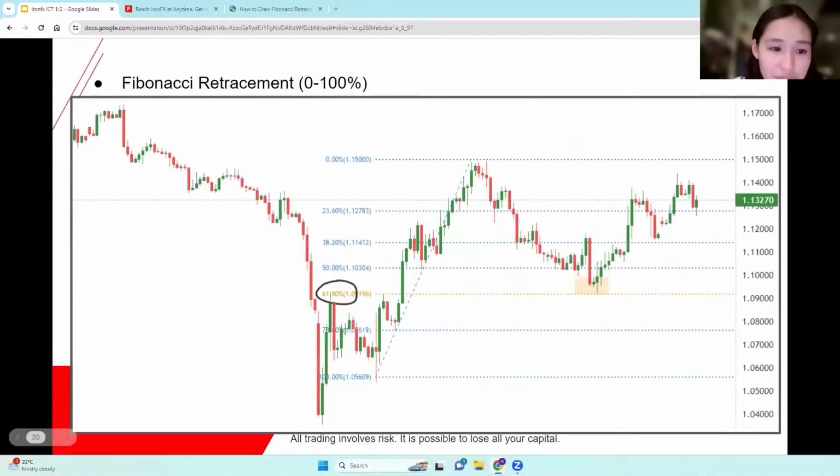Here's another example. We are looking at the level at which price bounces off either your 61.8 level or your 78.6 level.